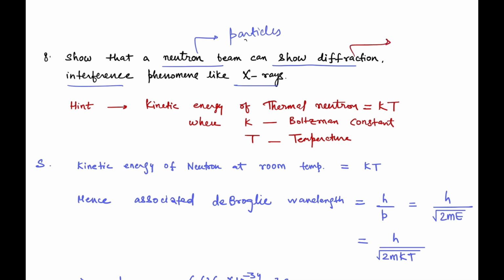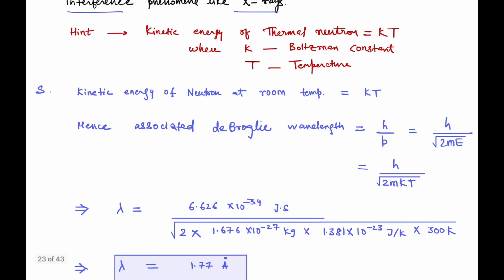And diffraction and interference are actually properties of wave. So if they are really showing such a thing, then we could say that wave particle duality is something which is true, which is visible in nature.